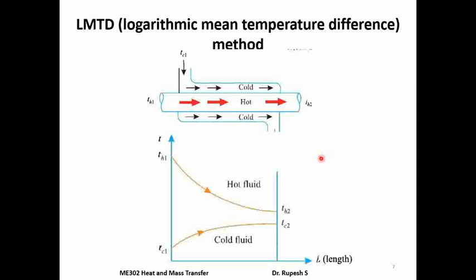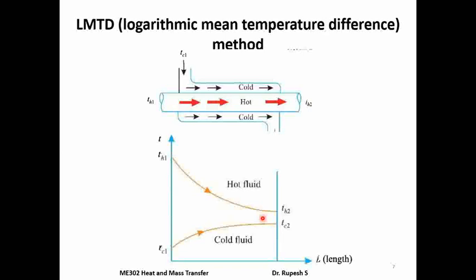In addition to this, we can see that the temperature difference between the hot and cold fluid is not a constant in actual practice, and it is varying along the length of the heat exchanger. If you consider the inlet section, the difference is larger compared to that of the exit section. And this temperature difference is varying throughout the length of the heat exchanger.